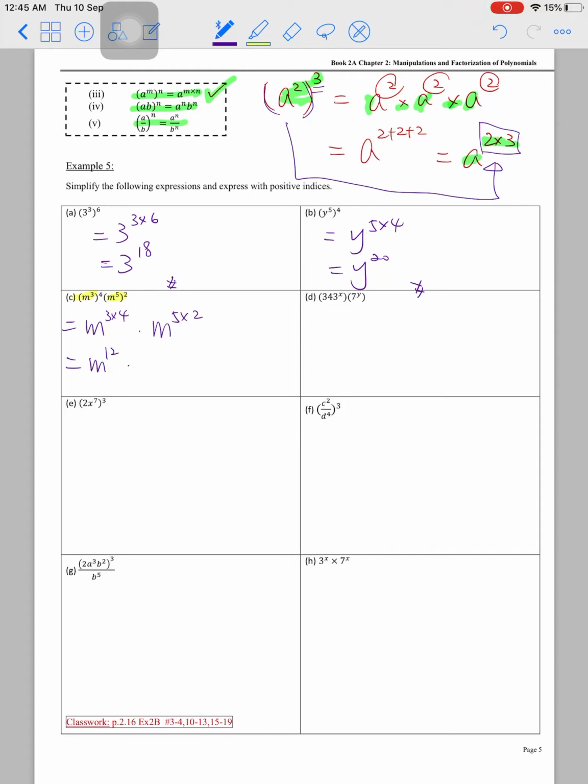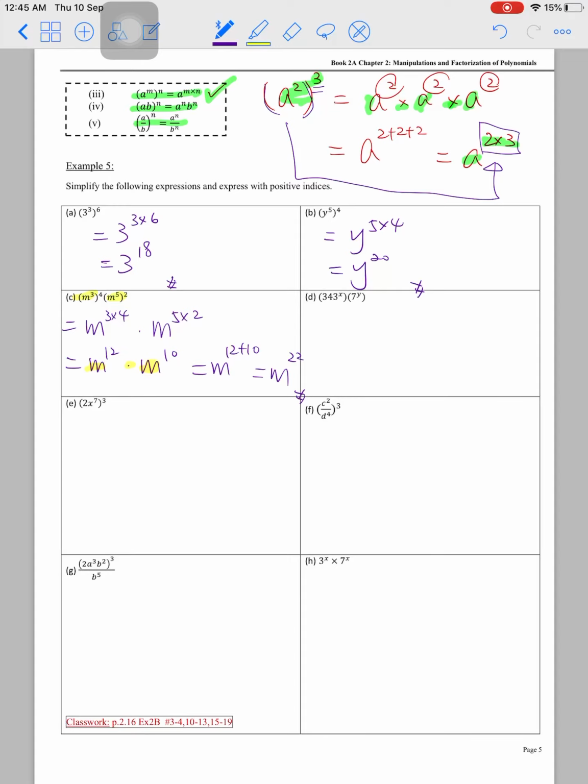So finally you have m to the power 12 and m to the power 10, and then multiply them together with the same base. Last session you learned to just add up the indices. So finally you get m to the power 22 as your final answer.